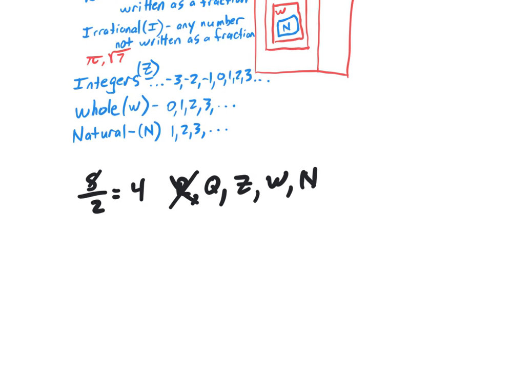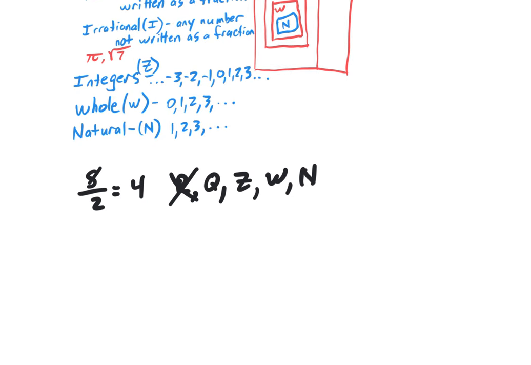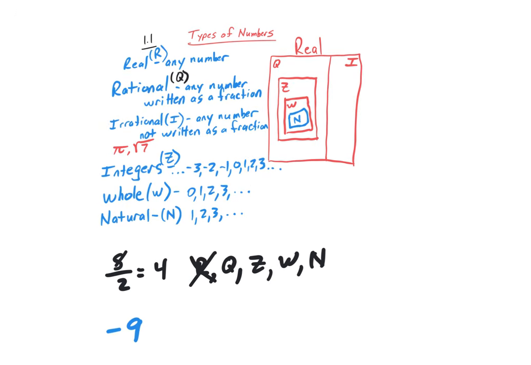Okay, so if I looked at a number like -9, is -9 a natural number? Nope. Is it a whole number? Nope. Okay. I'm going to keep working my way up. I kind of start inside out, basically. Is it an integer? Yep. Okay.